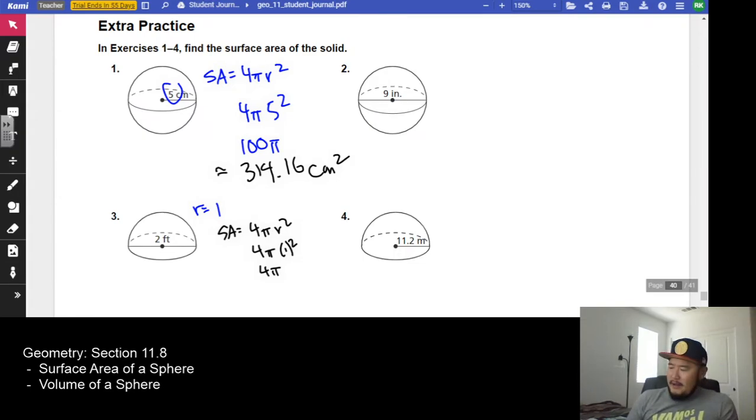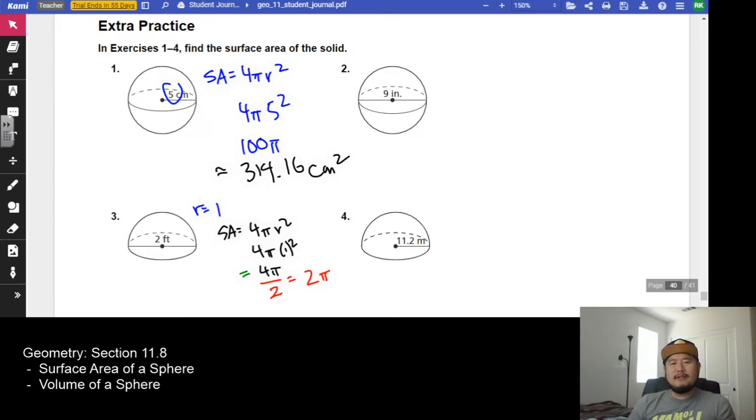So for our final answer, we're going to need to divide this by 2, and this becomes 2 pi. Okay. Once again, why am I dividing my answer by 2? Because look at the diagram. That's not an entire sphere.